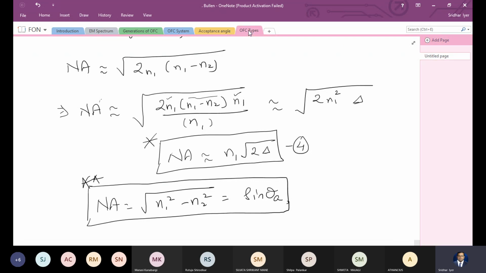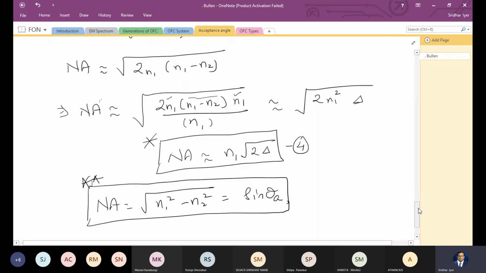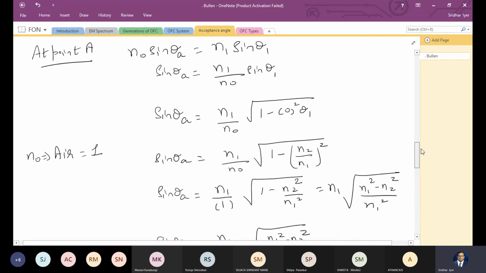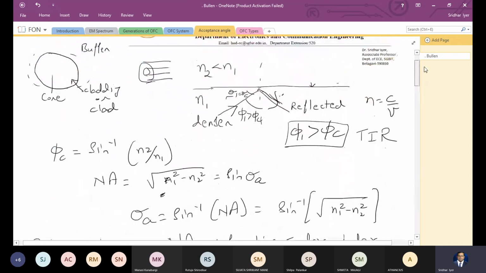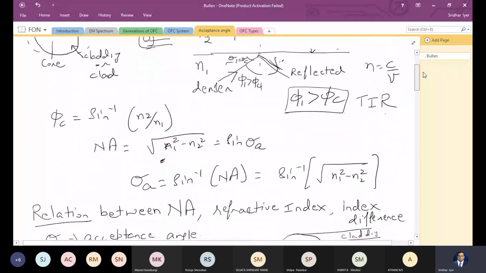The next part which we want to do is the types of the optical fibers. Before we do that, do you have any questions on this mathematics? Or anything you have not understood, anything you want me to repeat? Anybody?